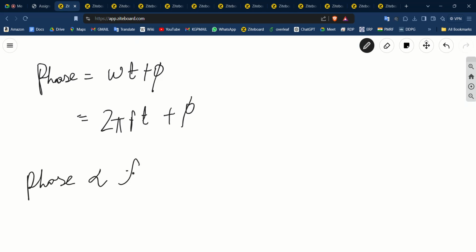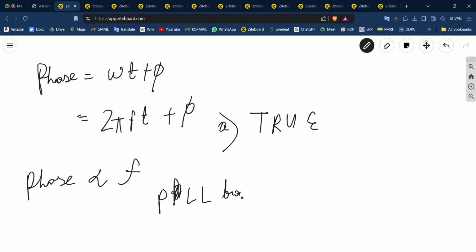So if phase is getting tracked, then frequency is also getting tracked. So A, true. PLL tracks both phase and frequency.